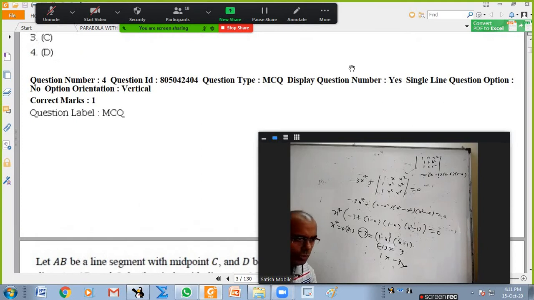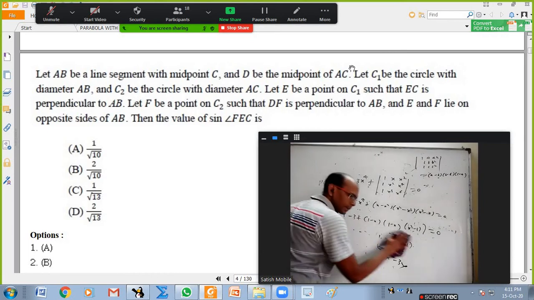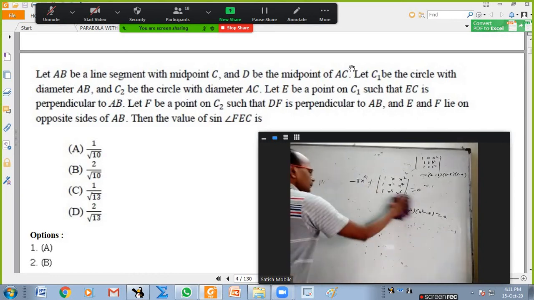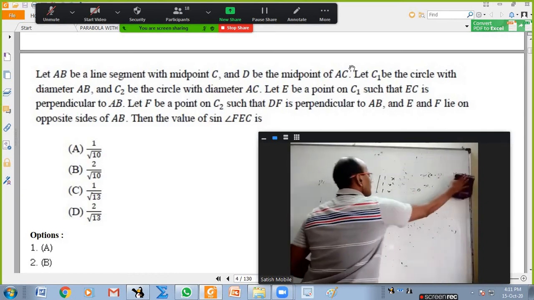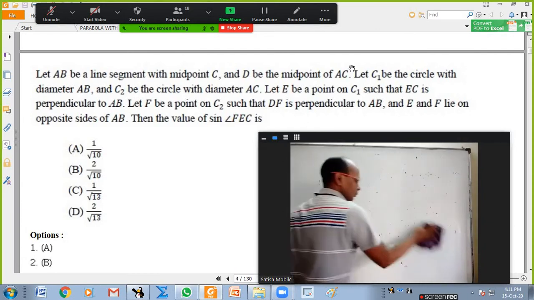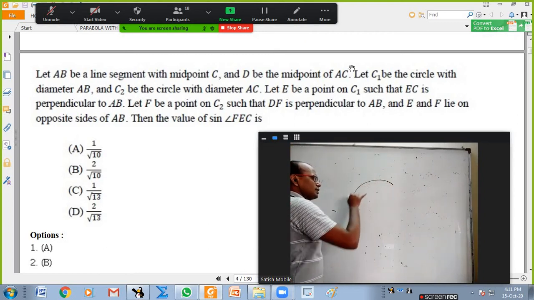Okay, fourth question. I think I remember the question somewhat, so I'll just tell you. There is a circle.